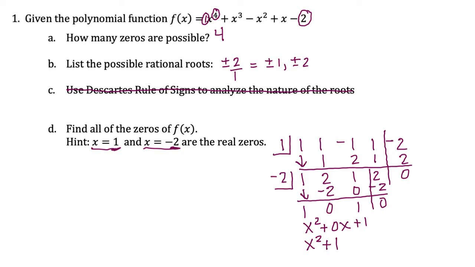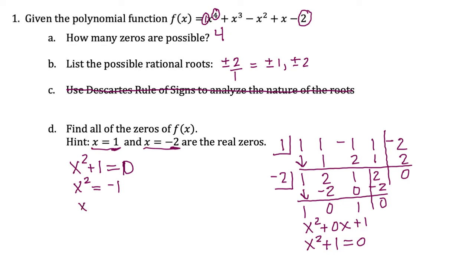And we need to somehow come up with a way to factor or solve for x. And with that, we would set this equal to 0. And x squared plus 1 does not factor. So what we're going to have to do with x squared plus 1 is solve this like an equation. So we're going to get x squared equals 0. Move this over and get negative 1.